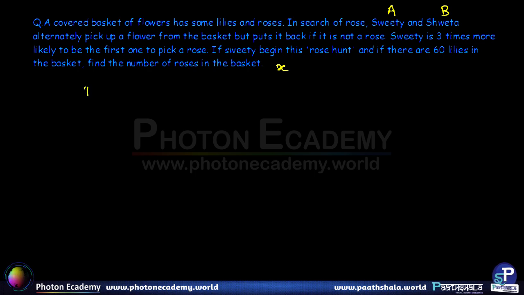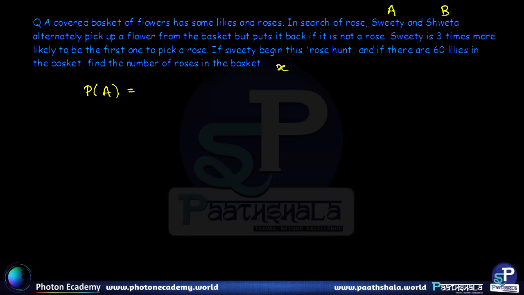So first, the probability of A winning. It is given that Sweetie, that is A, begins this rose hunt, so she is the first one to go. Either she can win in the first go, or she did not get the rose in the first go.